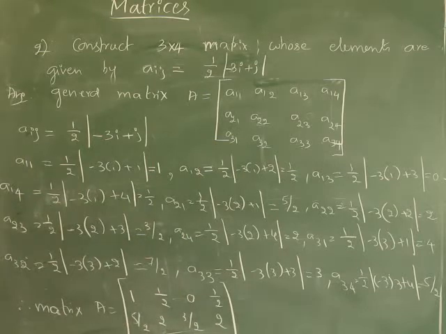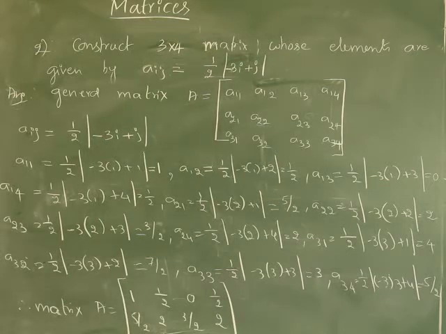So this is the matrix: 1, half, 0, again half, 5 by 2, 2, 3 by 2, 2, 3 by 2, 2, then 4, 7 by 2, 3 and 5 by 2.